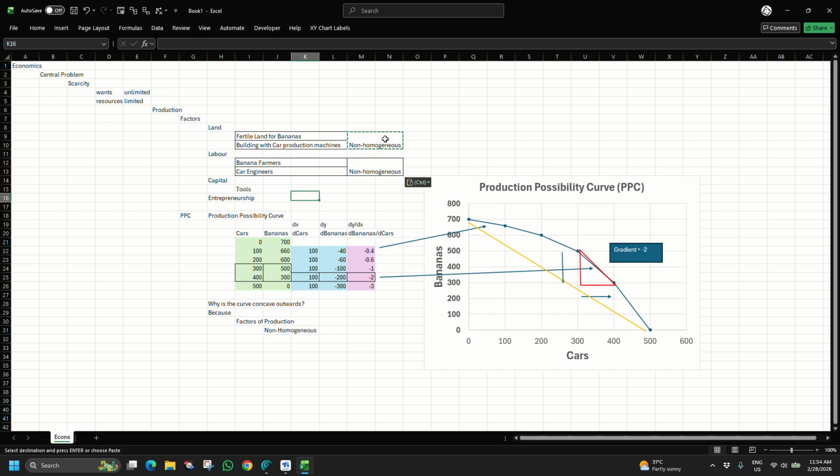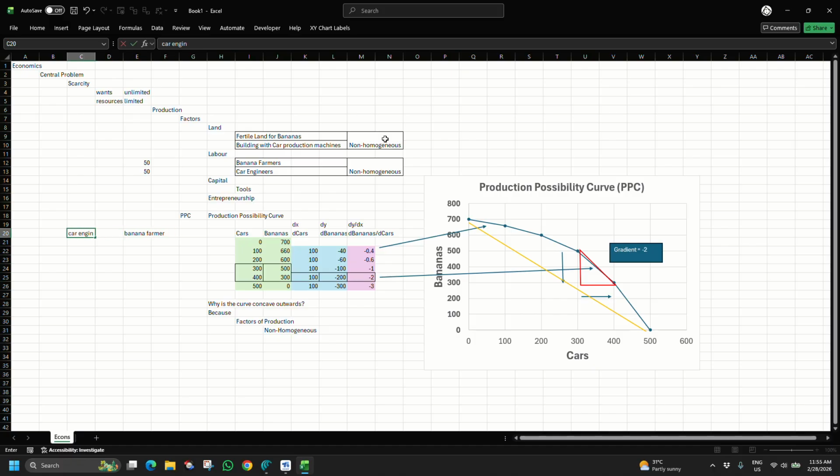So imagine if you were to make another 100 cars. Say you start with maybe 50 banana farmers and 50 car engineers, right? And you put all of them to make bananas. Then, as you want to make 100 cars, first you will use up maybe 10. For example, I put the banana farmer here, and the car engineer here.